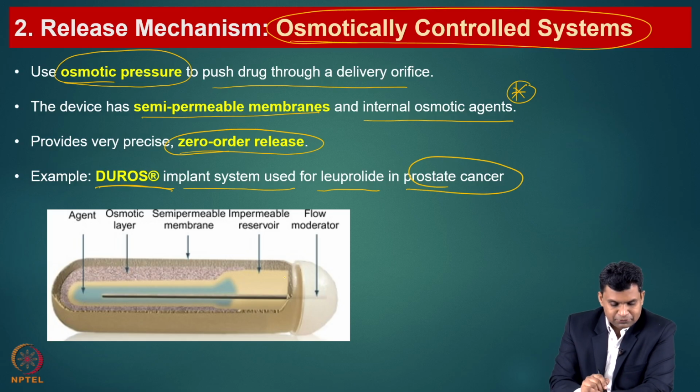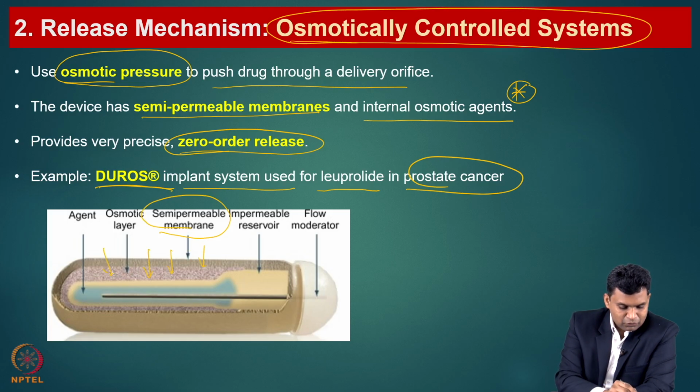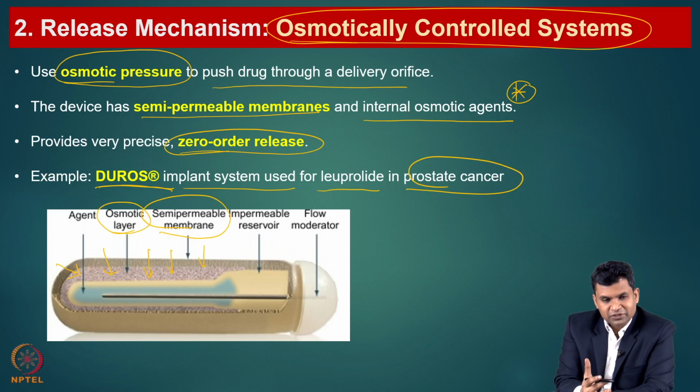The outer layer is a semi permeable membrane. So, this will help in the entry of the water molecules from the outside, from the GIT, to the inside of the system. So, once it has entered, the osmotic layer will induce the pressure, that is osmotic pressure.